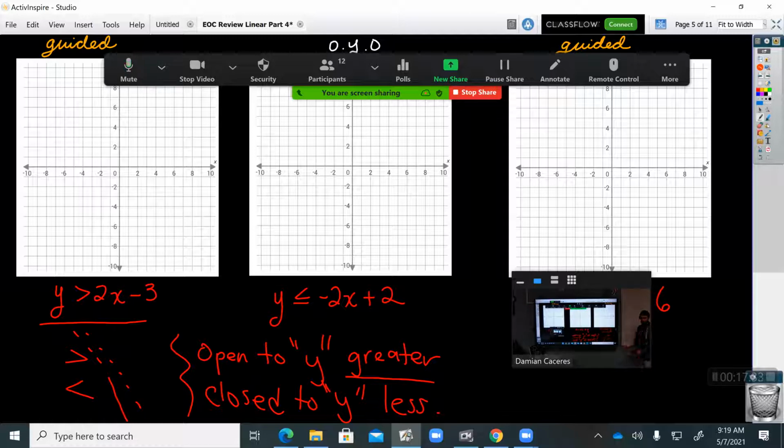So watch me graph this. Same thing we did before. Negative 3 is your y-intercept. So we mark negative 3. And now your slope is 2 over 1. So that would be up 2, right 1. Same thing. Everybody with me? Now, when you go draw the line, because it doesn't have the little equal to symbol underneath the inequality, make it dashed.